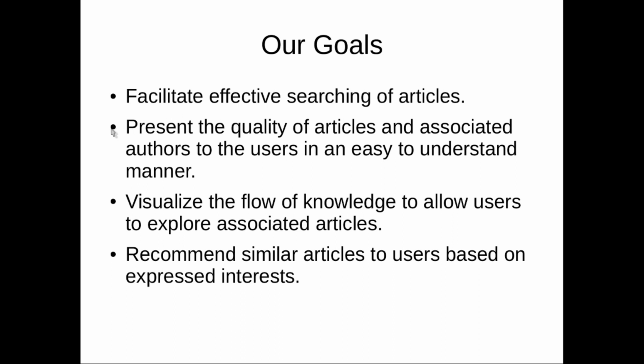We accomplished the second and the third point by implementing the article detail page and an author detail page with citation impact metrics displayed there to allow the users to gauge how important a particular article or author is. We also visualize how the article came to be using a citation network graph, so the user can use it to retrace the steps the authors took to get to where they were.